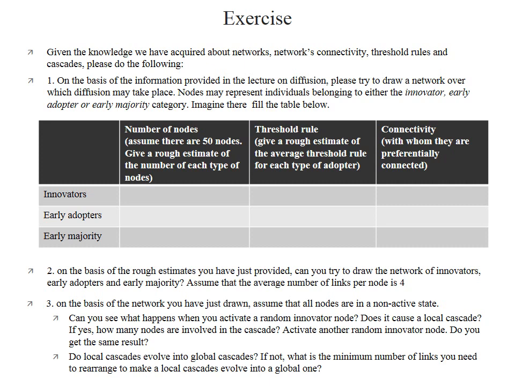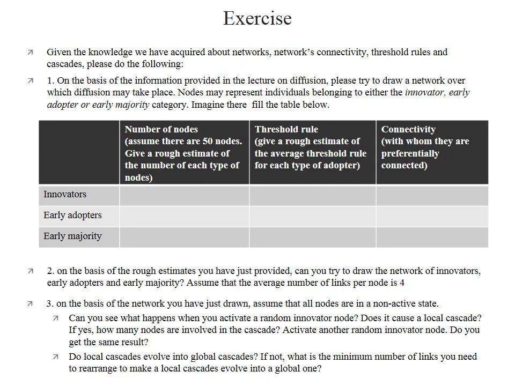And then, once you've drawn it, make one innovator switch. And then on the basis of the connectivity and the threshold rules you have assigned, see whether that switch causes the adoption or the switching of the nodes with which the focal node is connected. And then the questions to ask, what to observe.